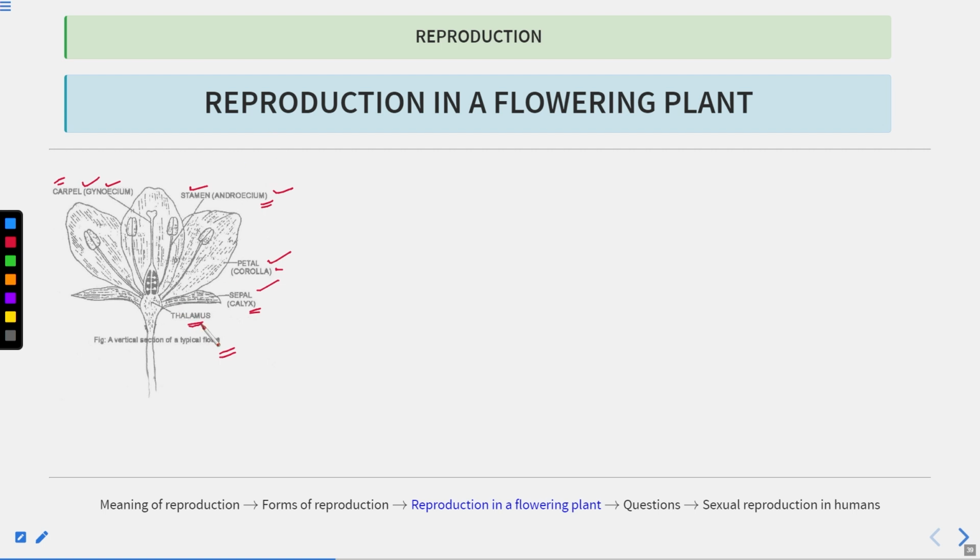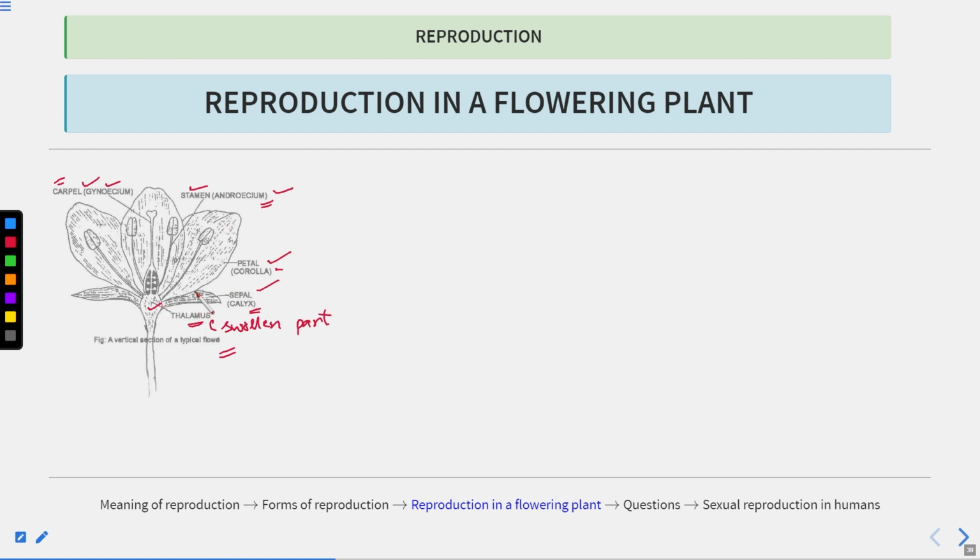What is thalamus? Thalamus is the swollen part of the pedicel. The stalk of the flower is known as the pedicel, and the swollen part is known as the thalamus, on which all these structures are borne.